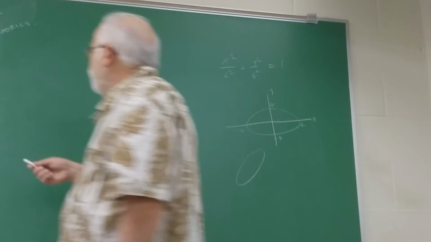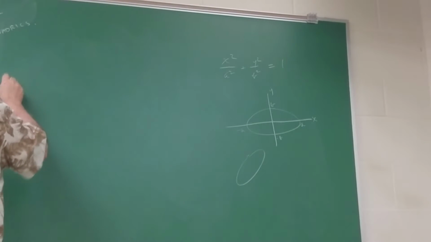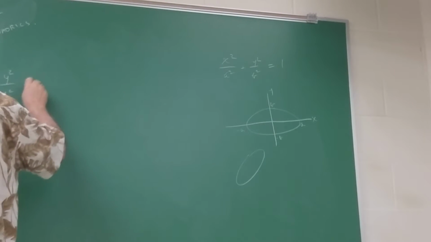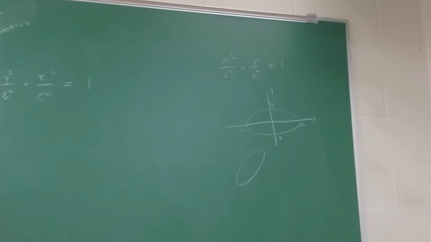Well, what if I wanted to let z get into the action also? This will not be an elliptical cylinder. z does matter, but it's the same kind of idea. My XY trace is an ellipse, but my XZ trace is also an ellipse, and my YZ trace is an ellipse.